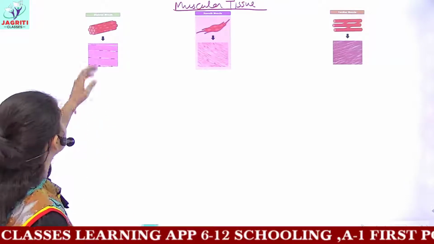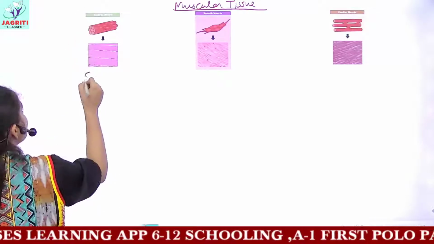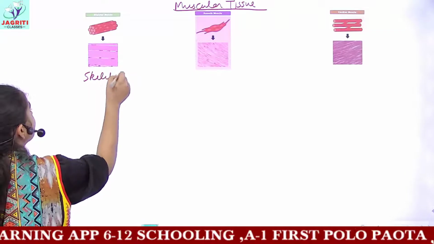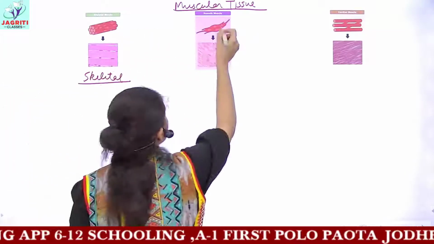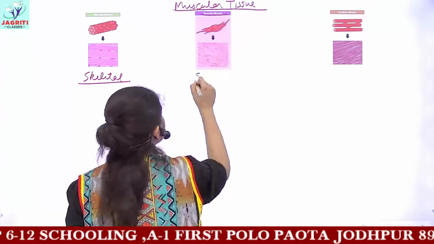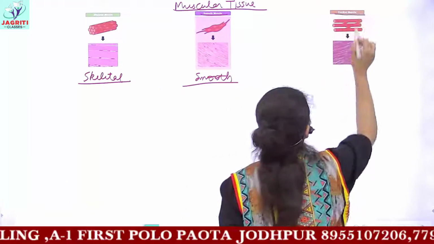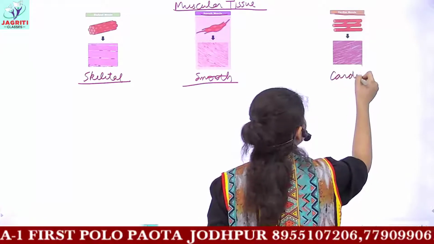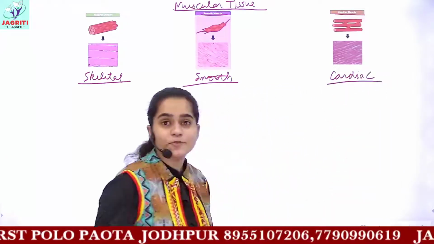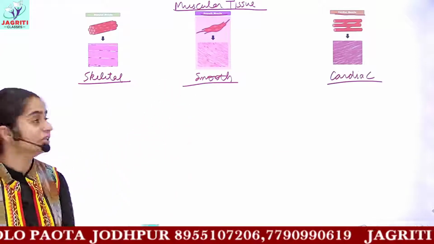The first category is skeletal. Then the next one is smooth muscles. And the last one is cardiac. These are the 3 different types of tissues present in animals.